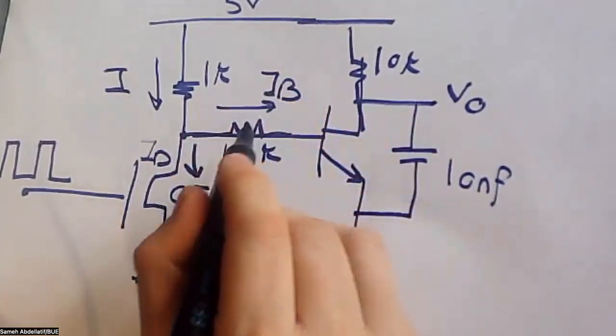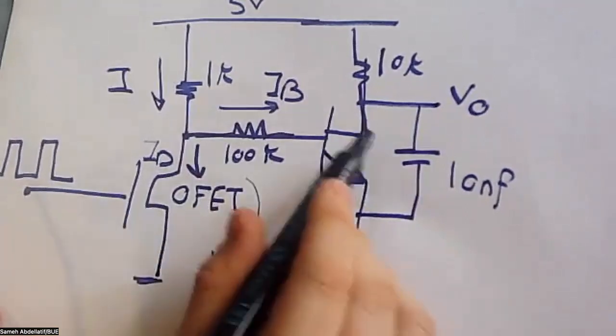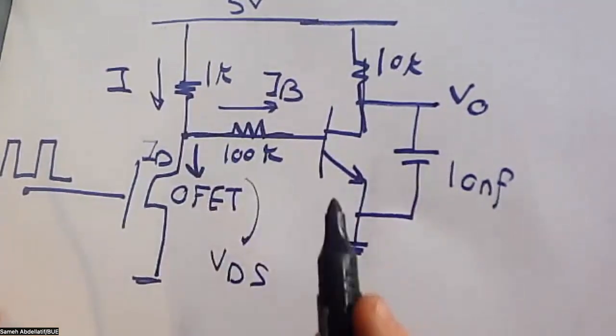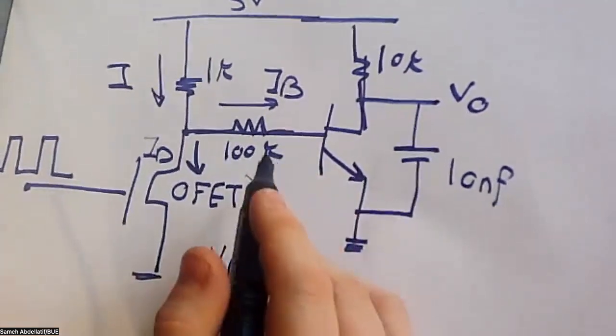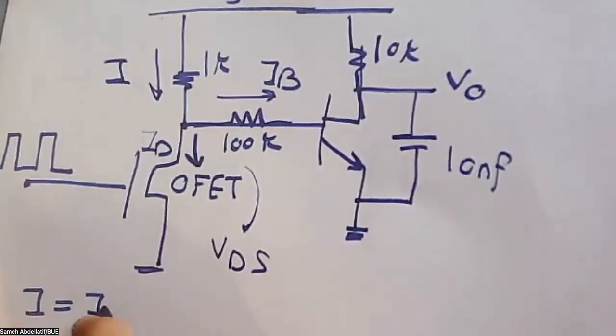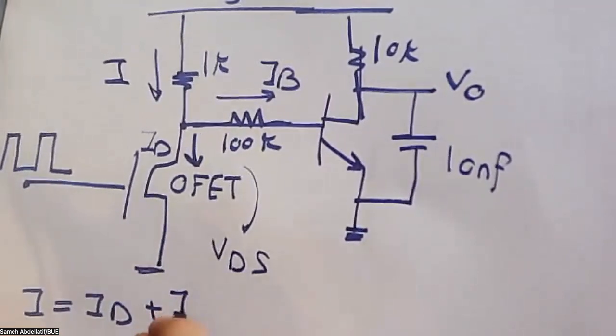I simply called it IB because this is the base current injected to the BJT to the right. So the first equation that can be written here is I equals ID plus IB.